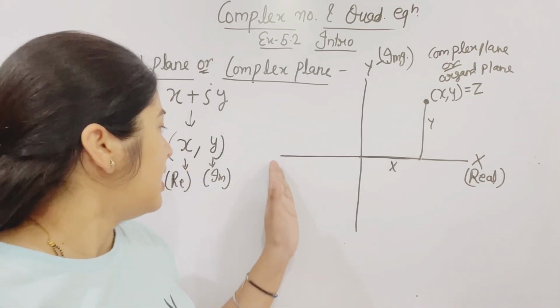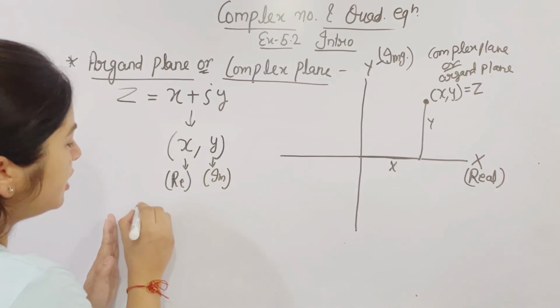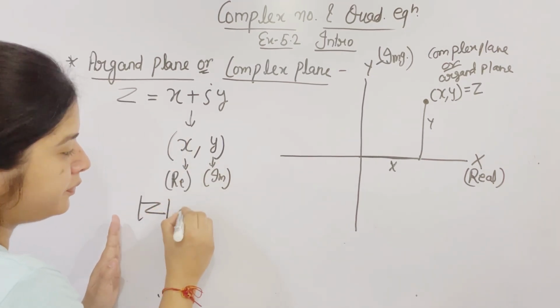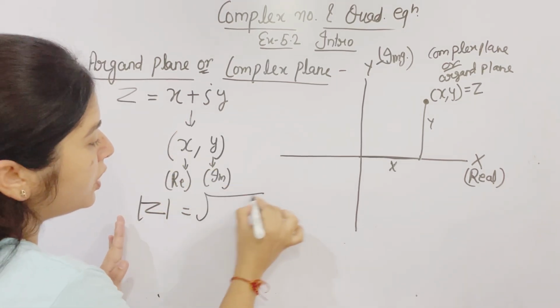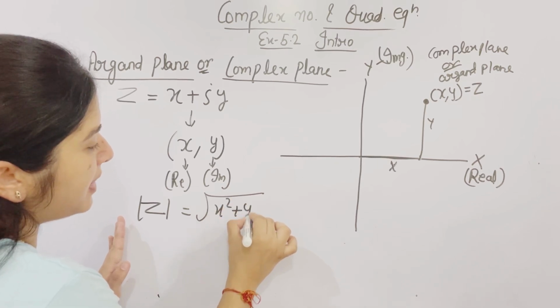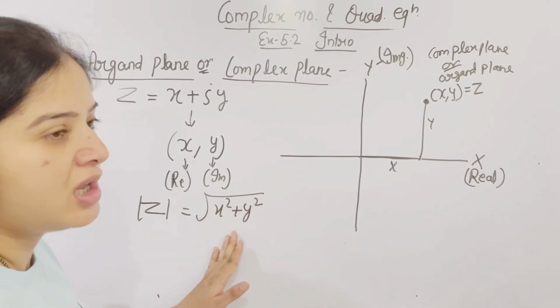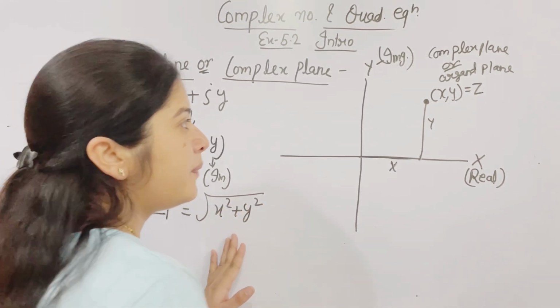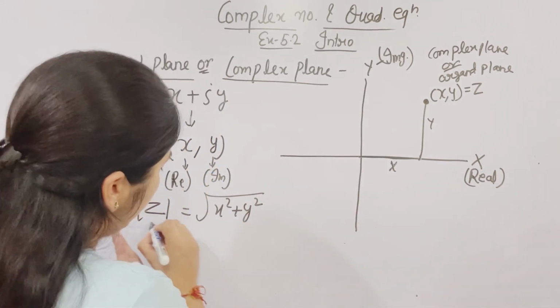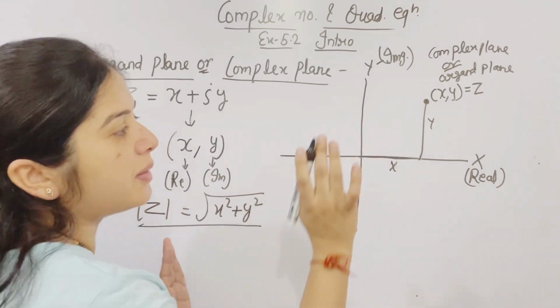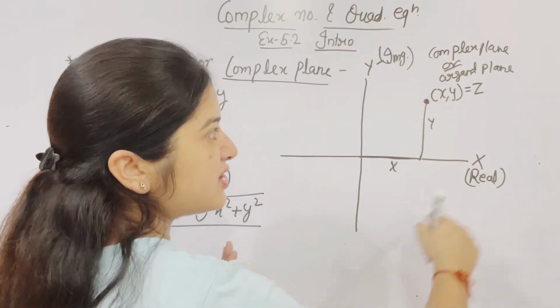The next is, we know that the modulus of z will be root x square plus y square, real part square plus imaginary part square, which we have already studied. This modulus of z you can see in the plane, in this trace.